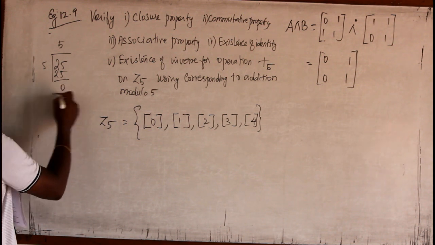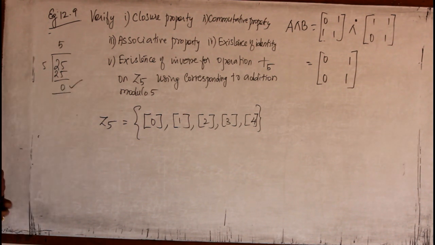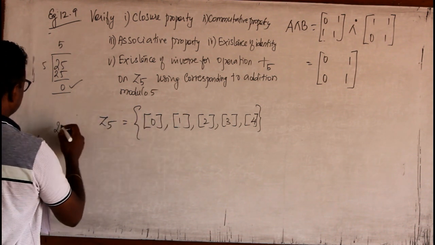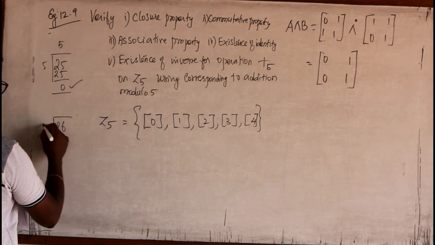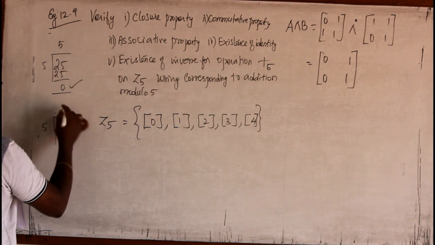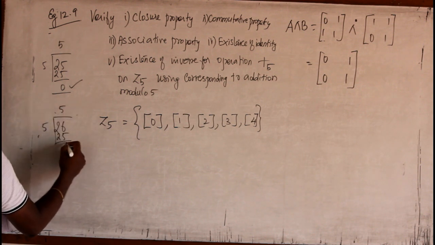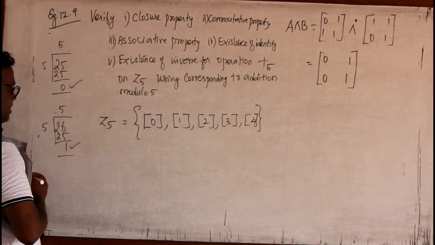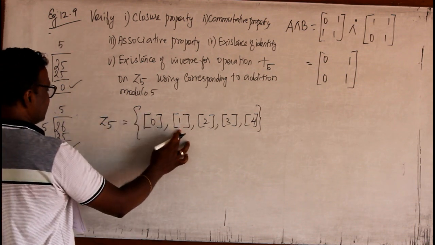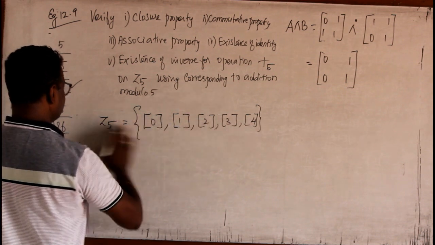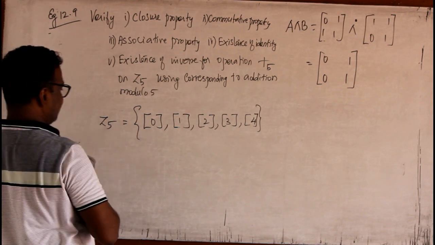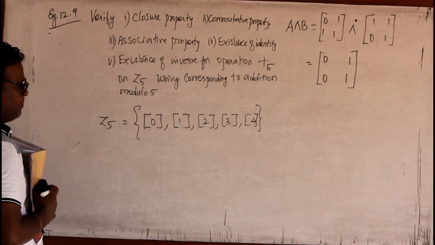Like that, all the numbers whose remainders are 0 are taken here. Similarly, if I have 26, it is divided by 5, 5 times 5 is 25, the remainder will be 1. Like that, wherever I get remainder 1 when the number is divided by 5, all those are collected. Similarly 2, 3, 4. This is called the residue class modulo 5.